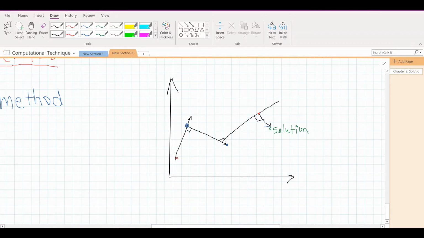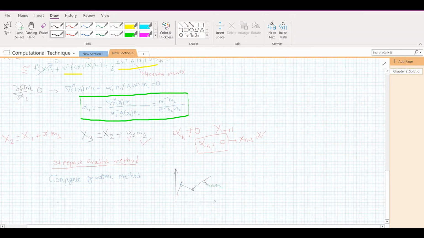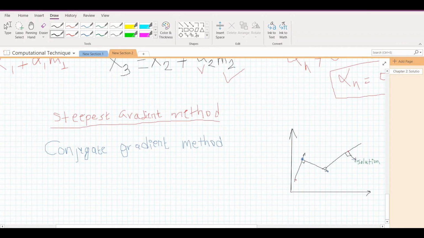These slopes are not directly perpendicular or conjugate as you see here, but they are conjugate with respect to a certain matrix which is known as the Hessian matrix A, which is A here. So what will happen here is that we have to find M2, which is our next slope, this one.